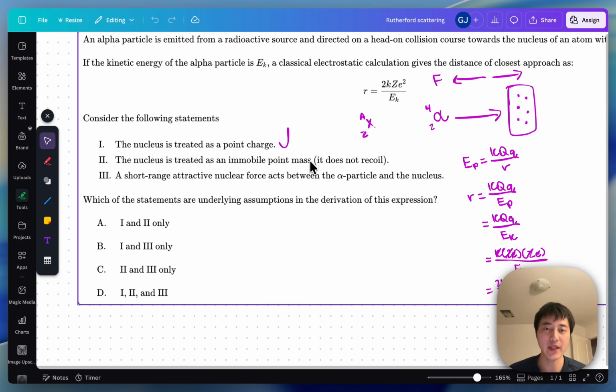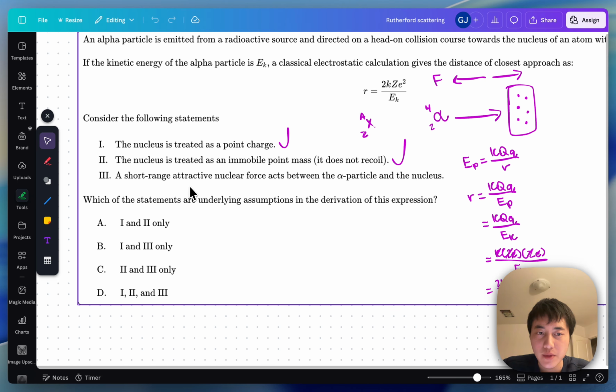So we just assume that the Earth doesn't feel any effect, and it's the same thing here. We assume that the foil doesn't feel anything because it's too heavy. I think gold is like 170-something in mass number, so it's really large. So this is also true.